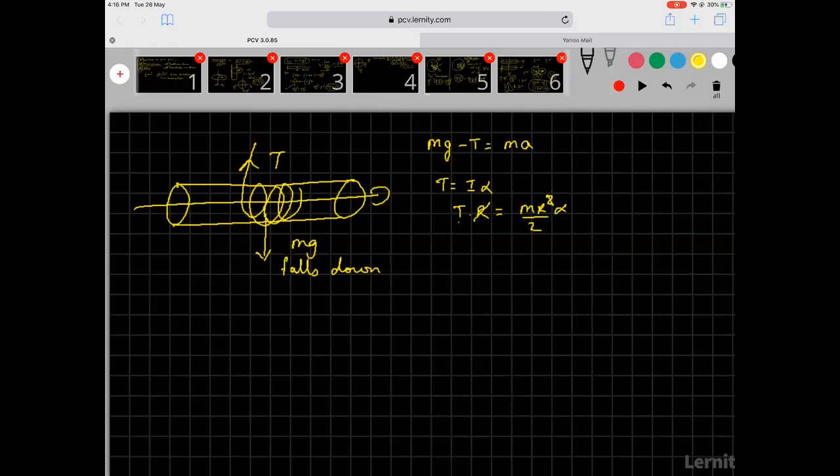So I go up and I understand that mg minus ma by 2 is equal to ma. R into alpha is equal to a. So from here I can get mg is equal to 3 by 2 ma, so a is equal to 2 by 3 g. This is the standard method to do all questions of this kind.